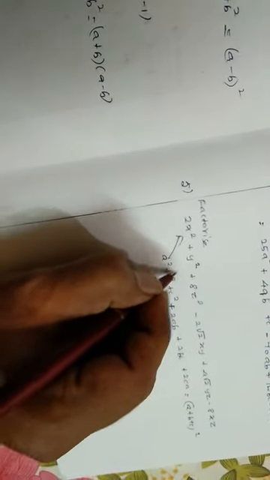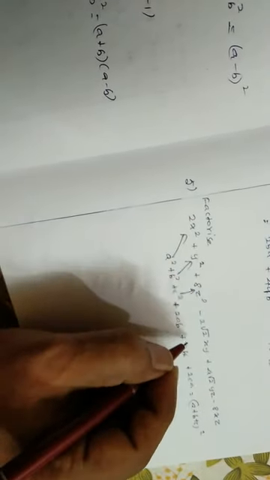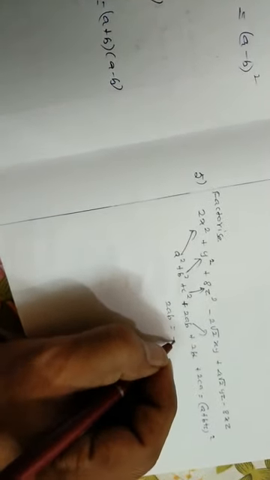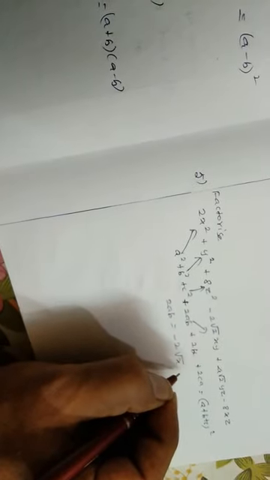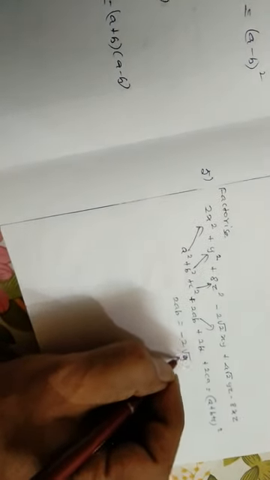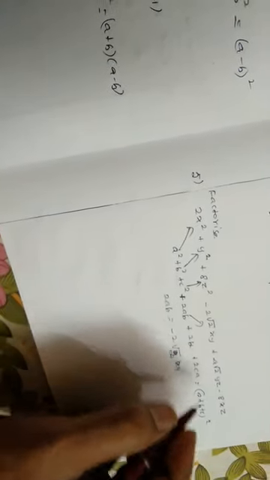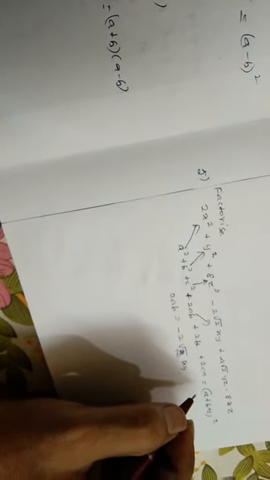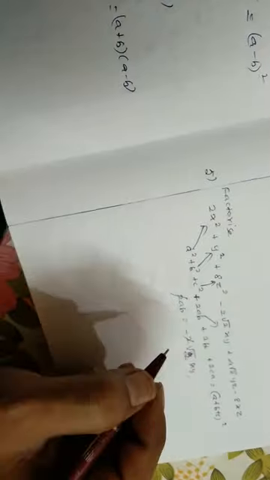Further, compare a, b, c with this expression. Suppose 2ab equals minus 2 root 2xy. Okay, so further the 2s you can cancel.